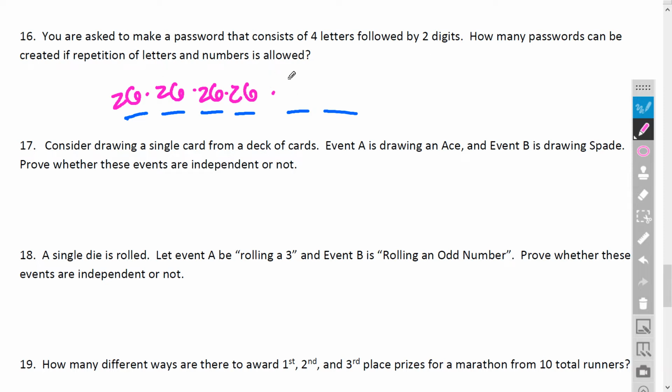And for the digits, there's 10 options for each of those. So 26 to the 4th multiplied by 10 squared. 26 times 26 times 26 times 26, times 10 times 10. So a pretty big number: 45,697,600. So 45 million of these can be done.